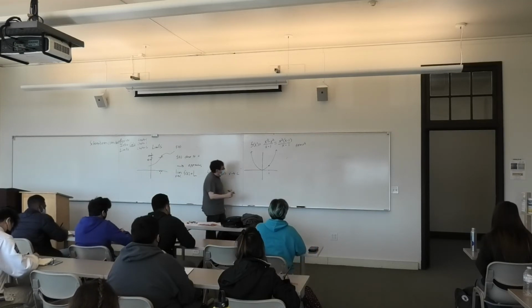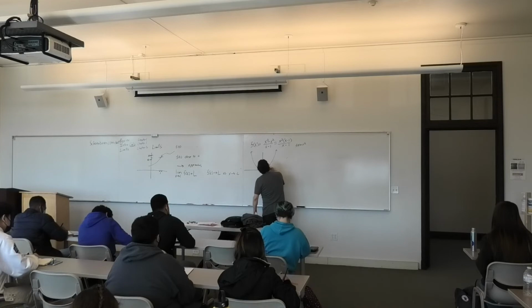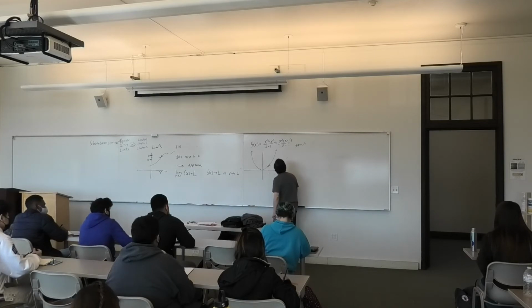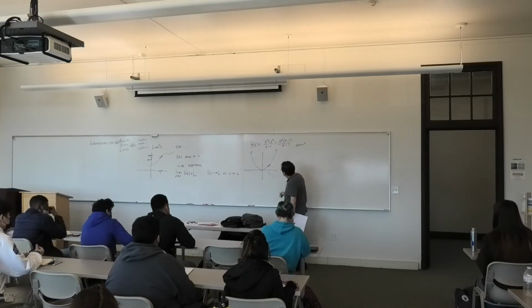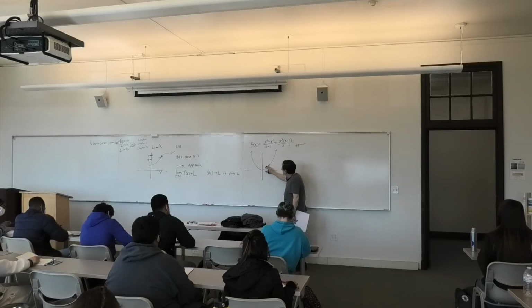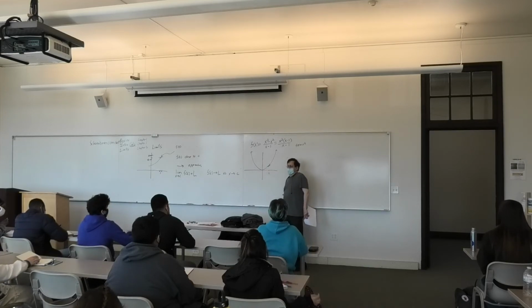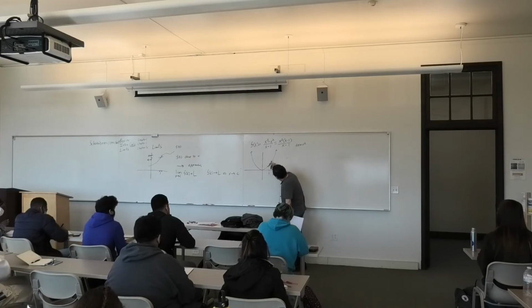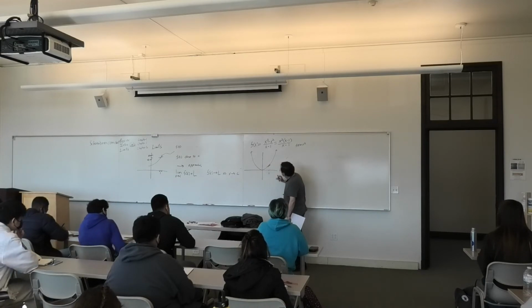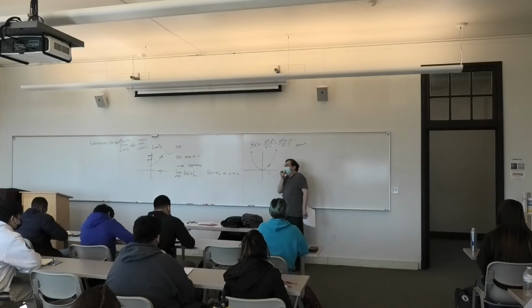So as we get close to 1, our function gets close to 1 squared, which is 1. But the function is not defined there. It needs to be defined everywhere nearby for there to be a limit.